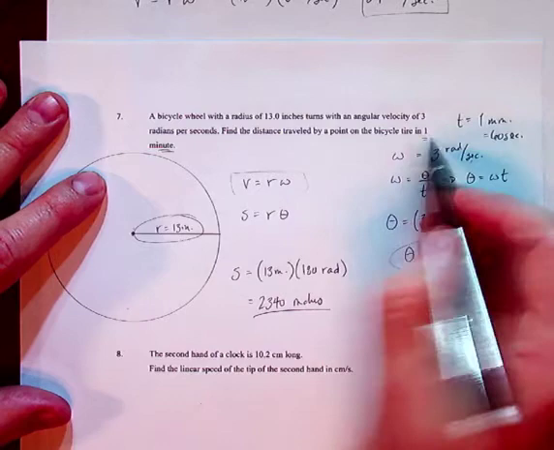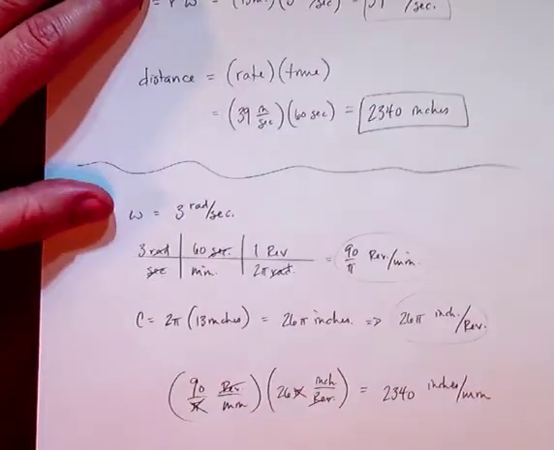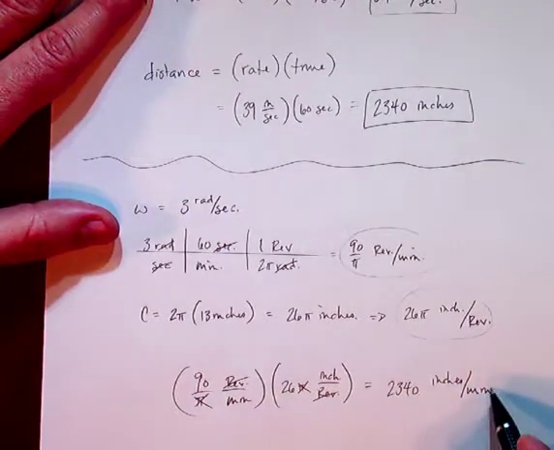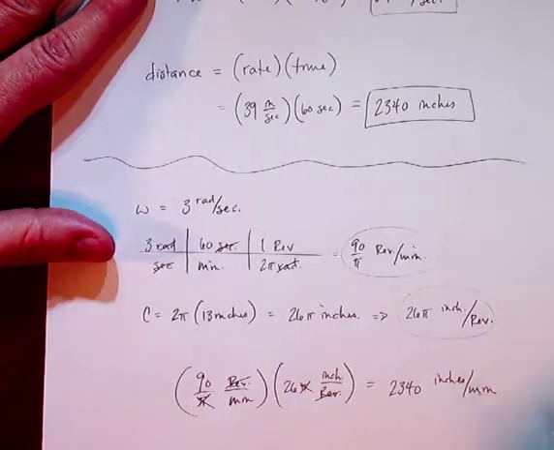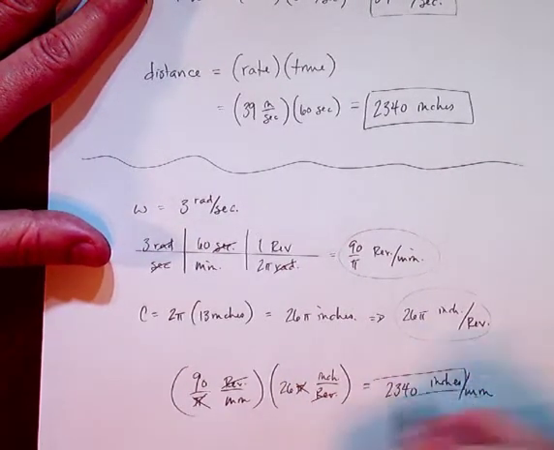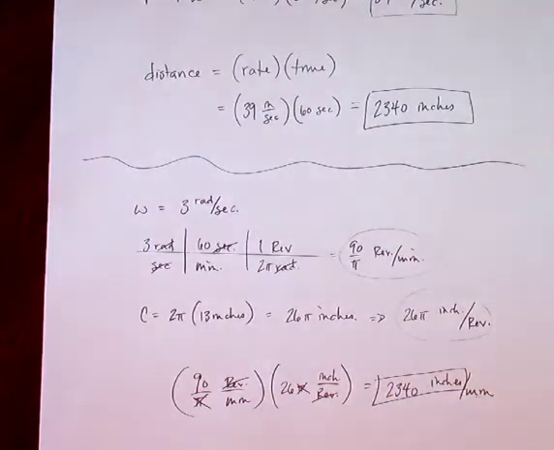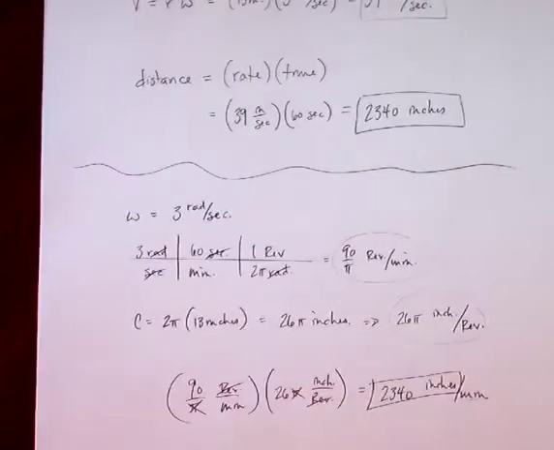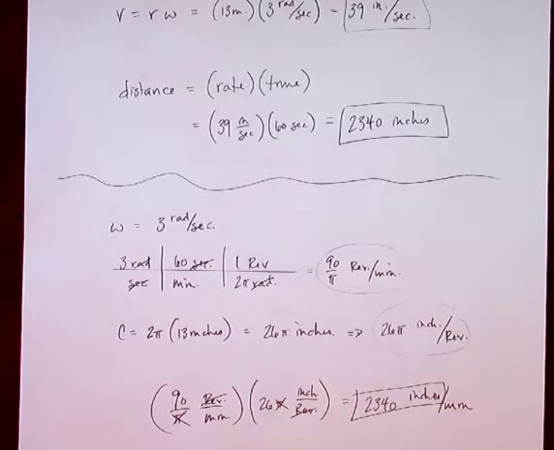In 1 minute. So the minutes fall out because you just multiply it times 1 minute, and you get again 2340 inches. So there are several ways to get around this and actually arrive at the correct answer.